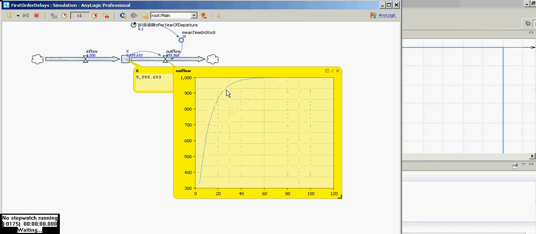We've talked about the equilibrium value of that stock. The equilibrium value can be formulated as either the inflow divided by alpha or the inflow multiplied by tau, right? This is the mean time. So they spend on average 10 years there. The number of people in that stock will be the value of the inflow times 10.